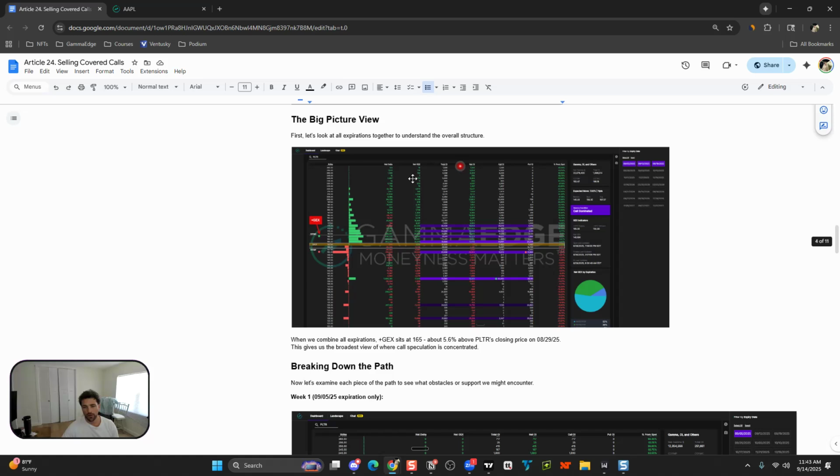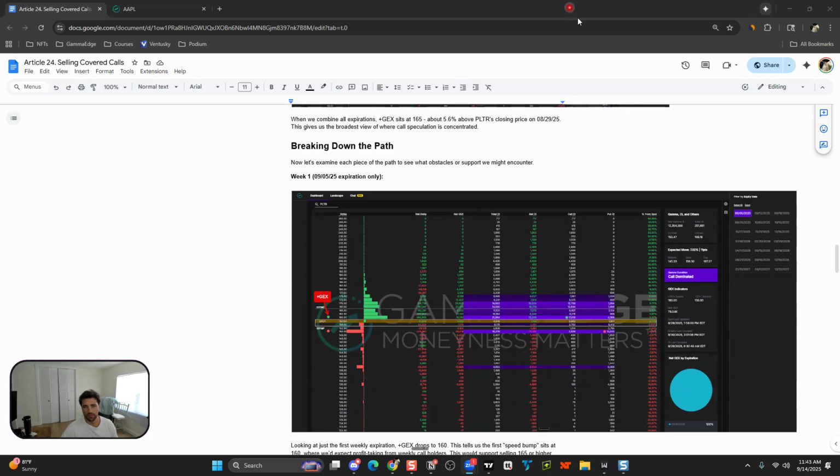So first off, we're going to look at all three of those expirations together, just to get the bigger picture of where we are positioned. So when looking at all expirations combined, plus GEX sits at 165, or about 5.6% above the closing price from 8/29. The closing price from 8/29 looks like 156, 158 or so. Now let's go through the path to expiry to understand what plus GEX looks like from now until our monthly expiration.